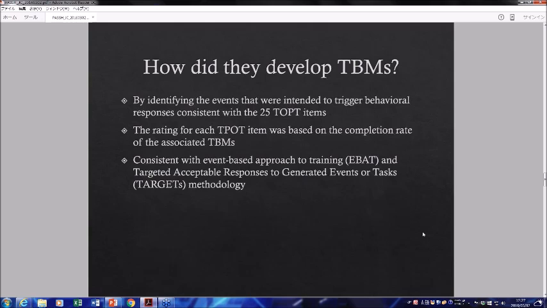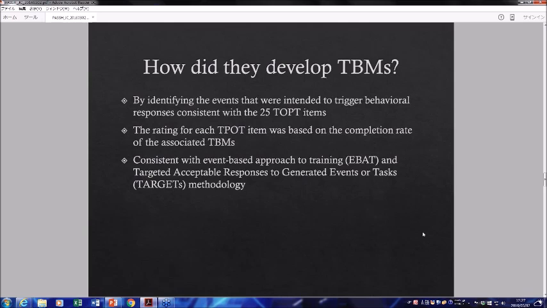So how did they develop the TBMs? As I mentioned before, this is strictly connected to the 25 items on TPOT. One nursing faculty and one physical therapy faculty had a meeting for this development, and they figured out what kind of behavior the students would do, and which TPOT item each behavior is linked to.